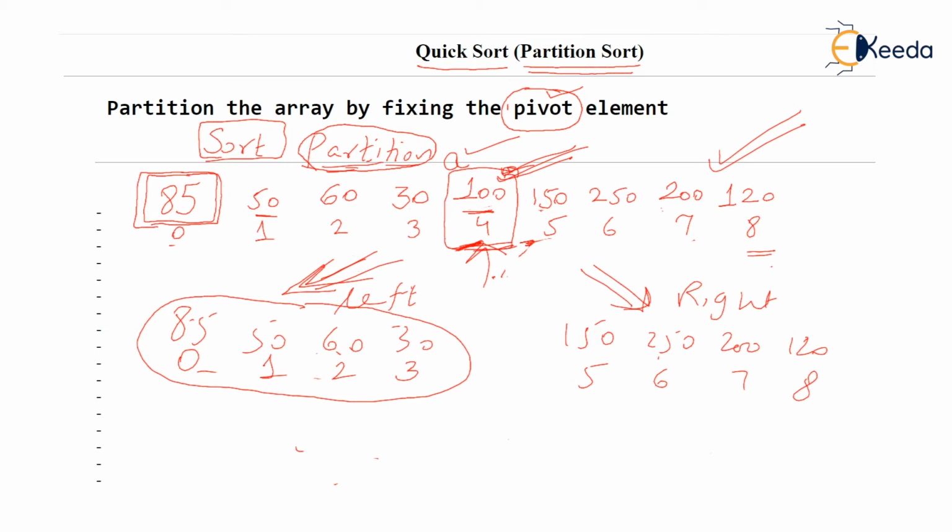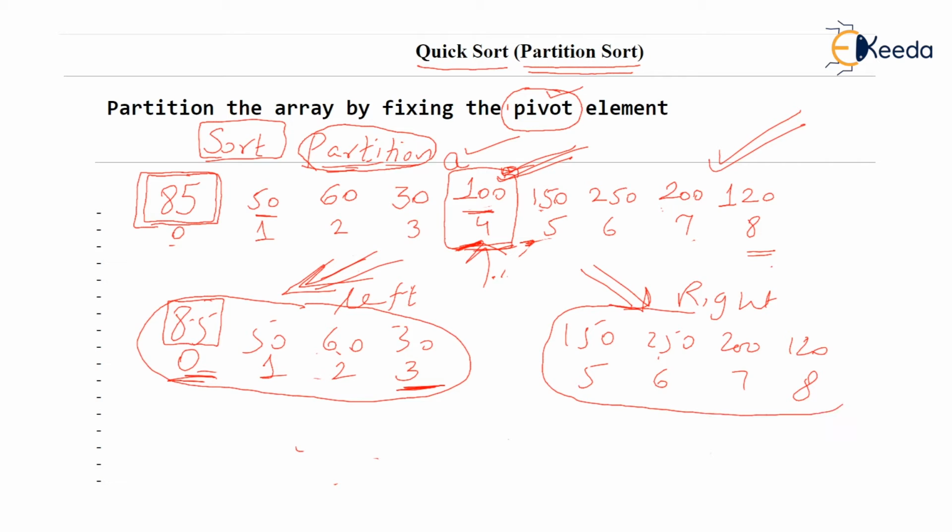But while sorting, you are going to partition this array. That means again 85, the leftmost element, will be the pivot, and you will be fixing this leftmost element at such a place between 0 and 3, in this left partition, so that everything to the left of 85 will be less than or equal to 85, and everything to the right of 85 will be greater than 85. And what will you do on this right partition? You will sort it, definitely.